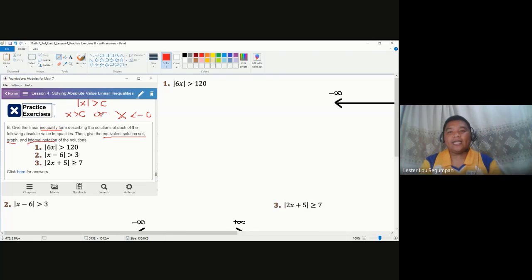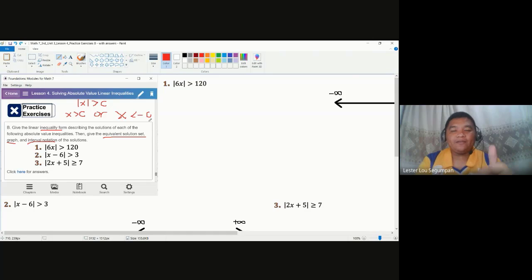If you would like to review for that, go ahead in the previous video. This is an indication that our solution set, our graph and interval notation should also be two different things combined into one. But then again, please be reminded that the end product of our linear inequality form should only contain x, with a numerical coefficient of 1.